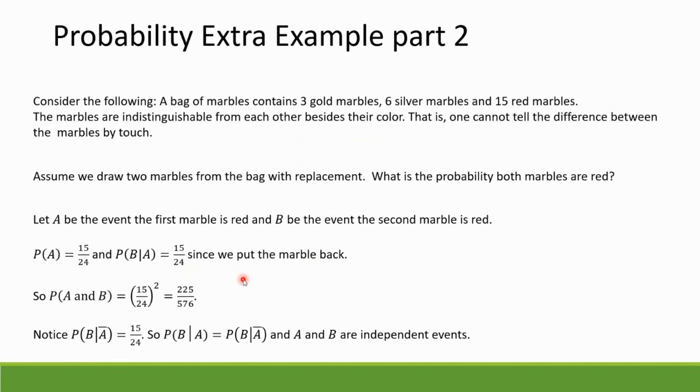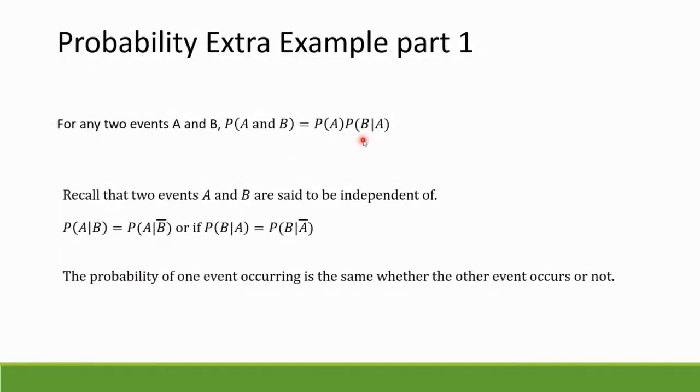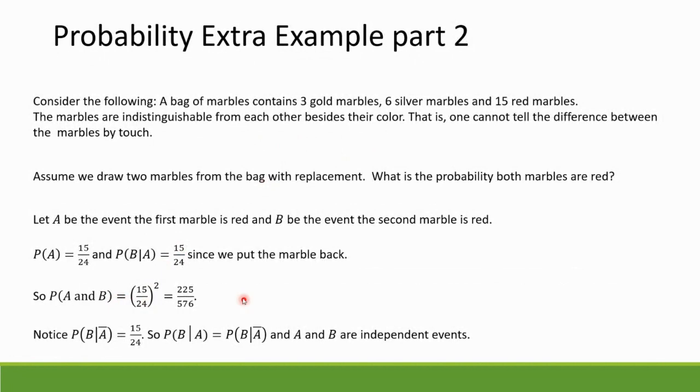So these are both equal to each other. So the probability of A and B, we just take the product, which is this.